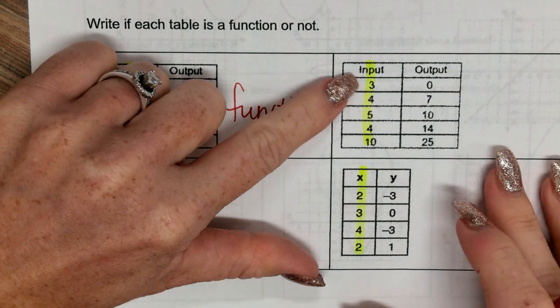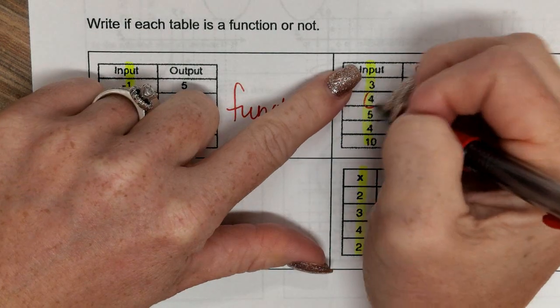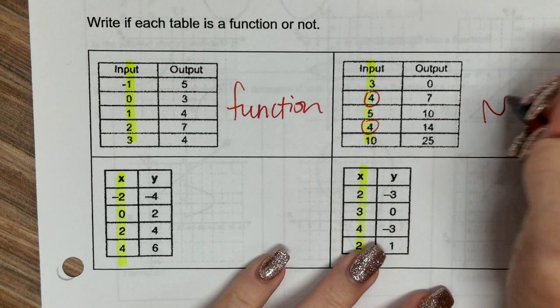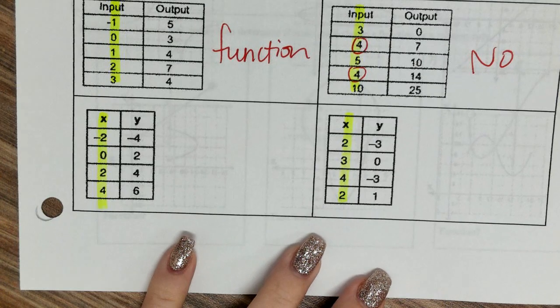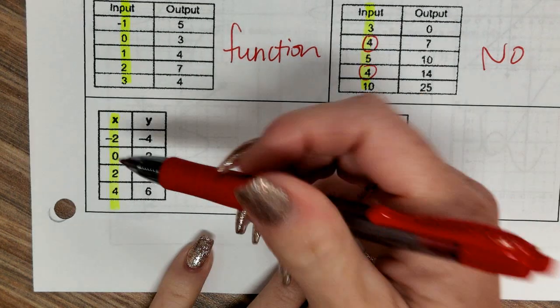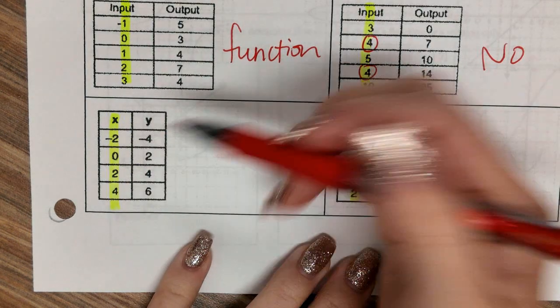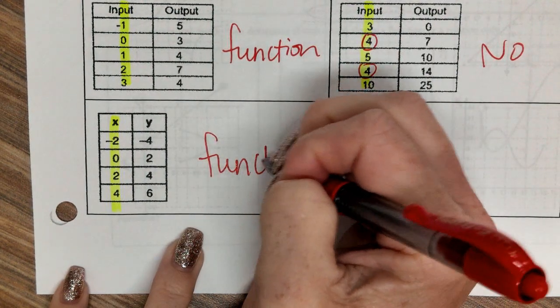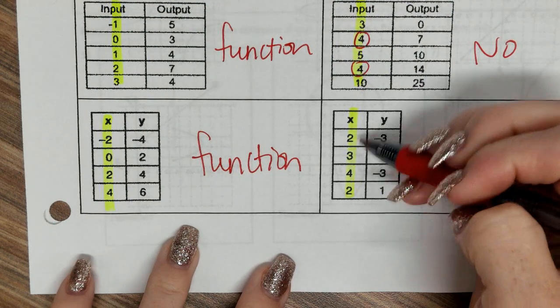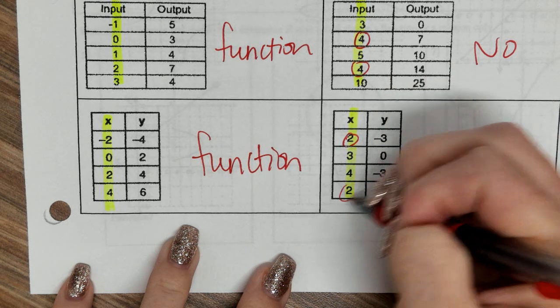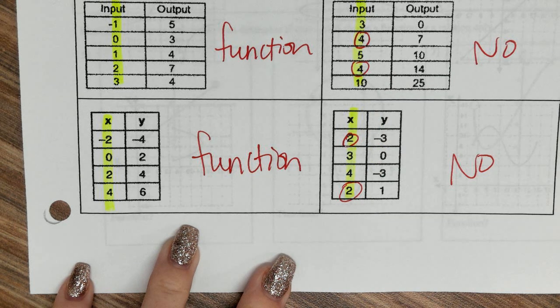Okay, over here, what repeated? These 4's repeat, so this is no, not a function. Over here, nothing repeated, so function. And over here, what repeated? The 2, so this is no, not a function.